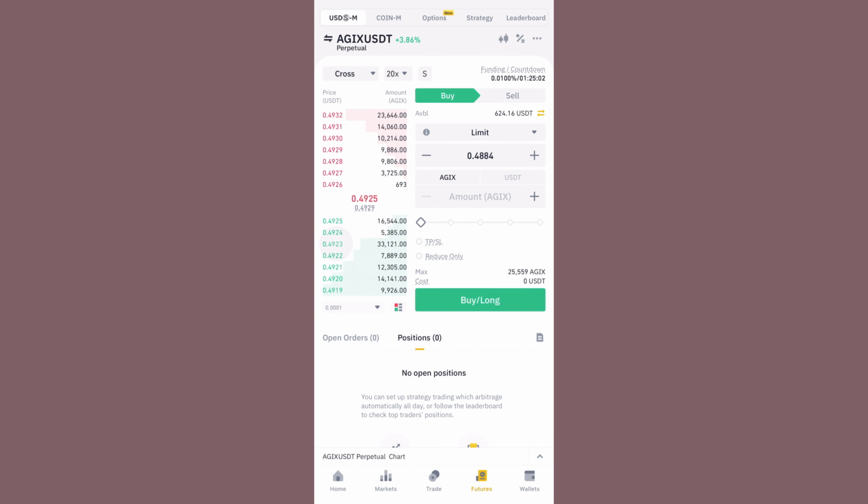The screen right here is divided into two. By the right side, you will see the funding countdown, buy, sell, limits, the price, and all of that. At the left side, you would see the price in USDT and the amount of the particular token you are trading live running.